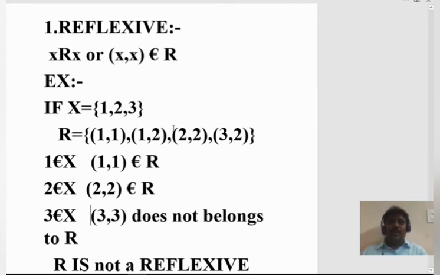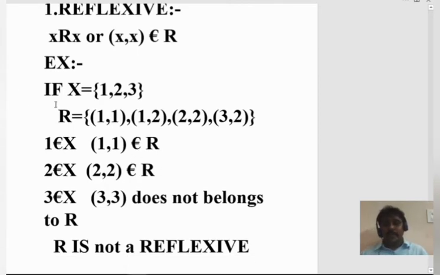Now we see whether all are there or not. First I take number 1. 1 belongs to X, that means (1,1) belongs to R. Yes, it is reflexive. Now we take number 2. Yes, (2,2) belongs to R. Next I take number 3. 3 belongs to X, but (3,3) does not belong to R. Here (3,3) is missing.